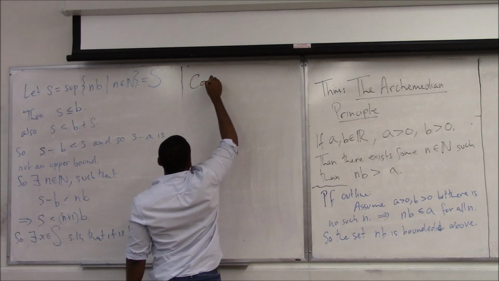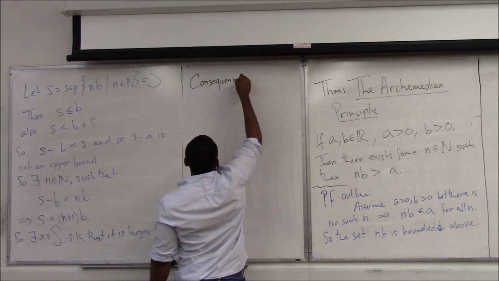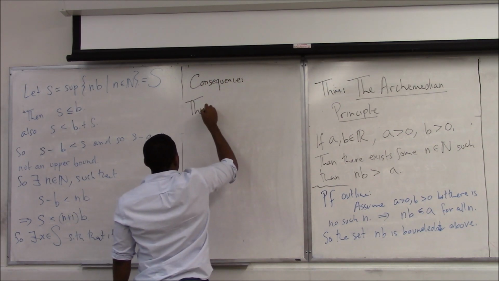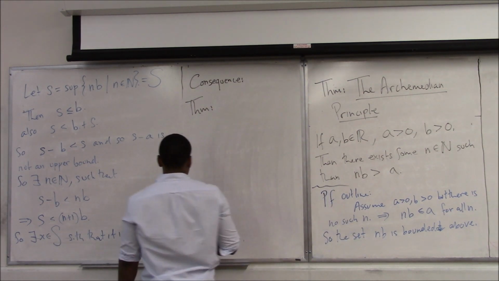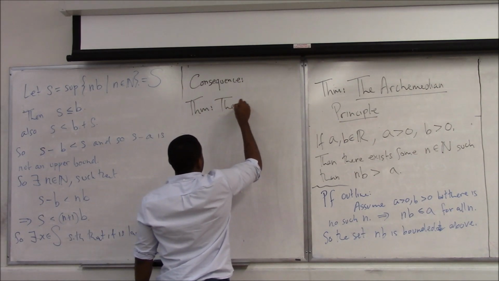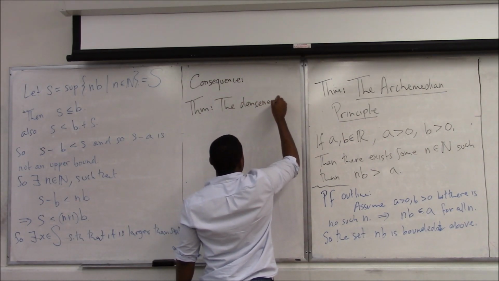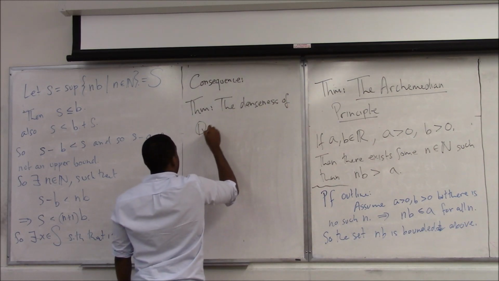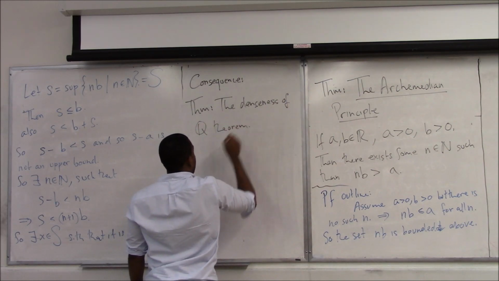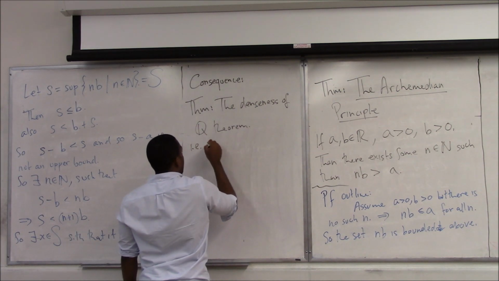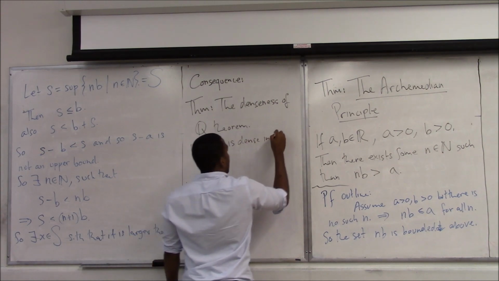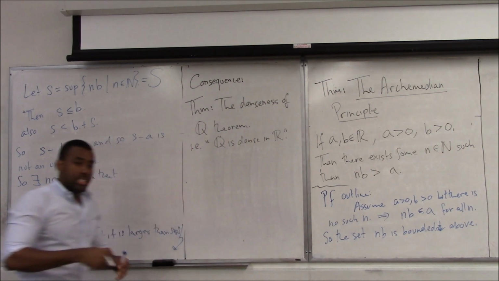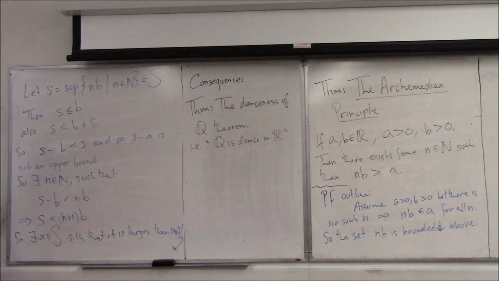Here's a consequence. It's a theorem in its own right because it's very important, but it's kind of a corollary to this: the denseness of Q theorem. It's also the phrase you might say, Q is dense in R. Meaning, if you go to the real line and take any interval, you will find a rational number in that interval.